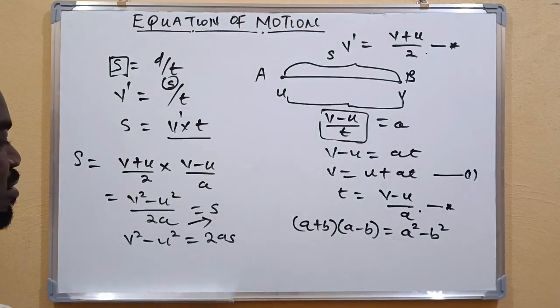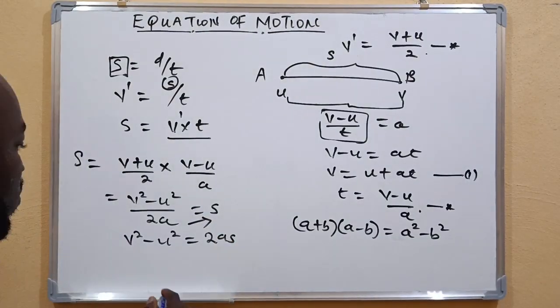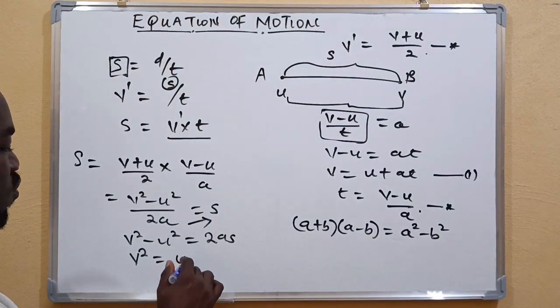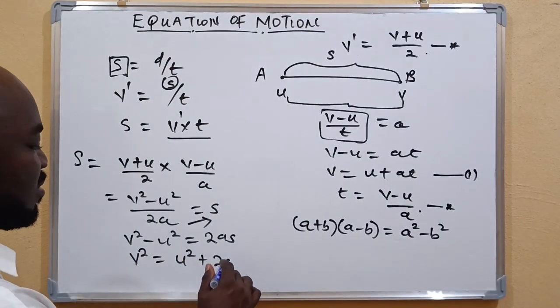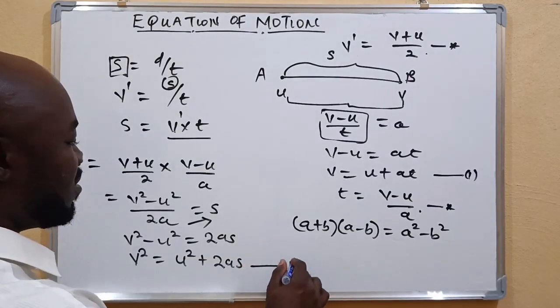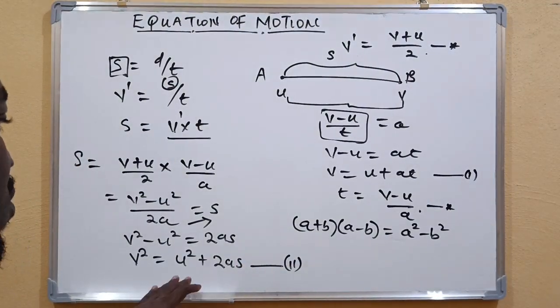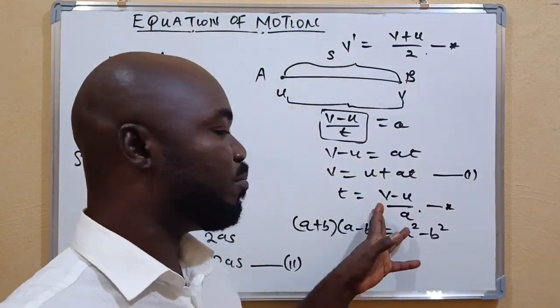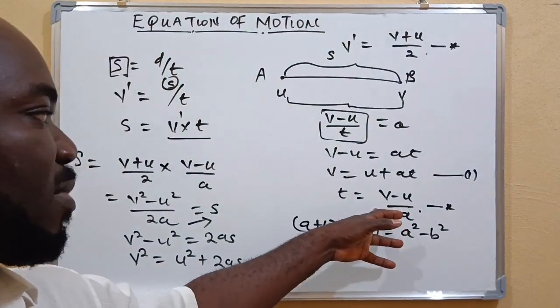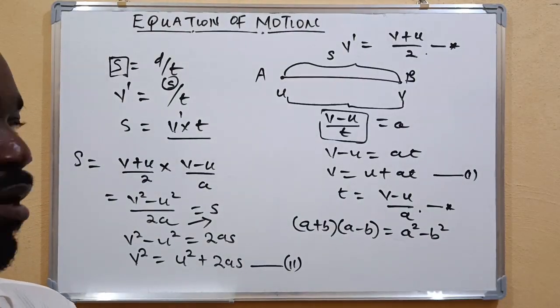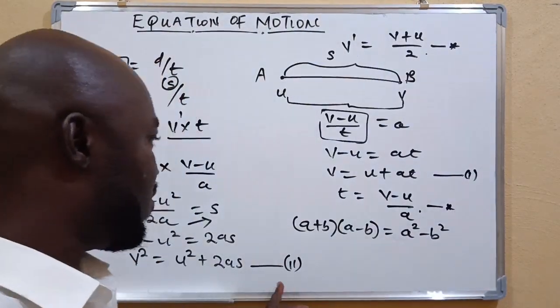For this, multiply this. And you can see that I can make v square the subject by saying that u square will be added to 2as. So this becomes the second equation of motion. So we're able to derive this from time, from acceleration, and then from average velocity. Okay, so this is the first and the second.